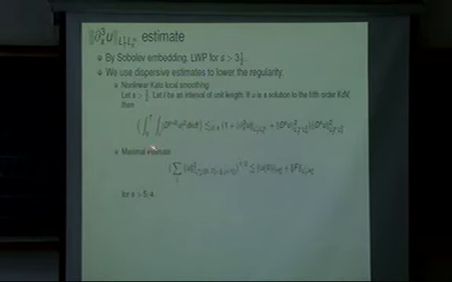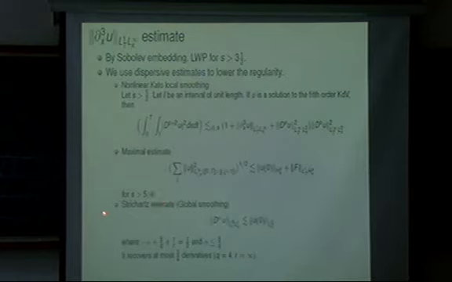So by using the Holder estimate, we need both estimates. The maximal estimate is also an ingredient of the dispersion estimate, so it can be proved like the Strichartz estimate. So the second ingredient is the maximal estimate, and the third ingredient is the Strichartz estimate.